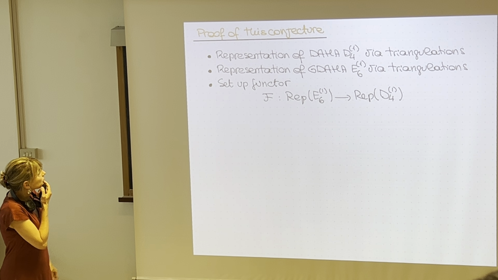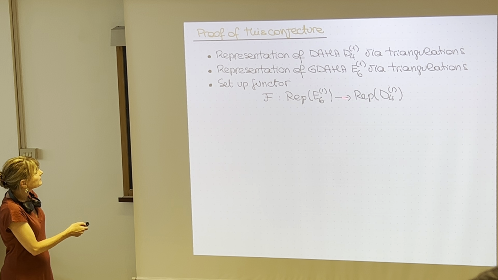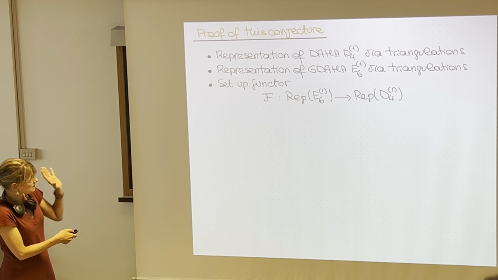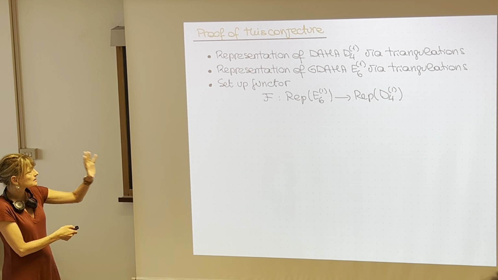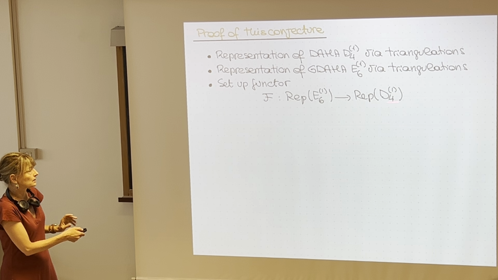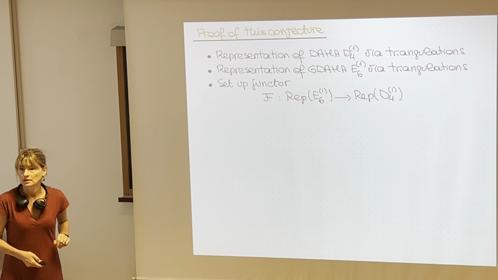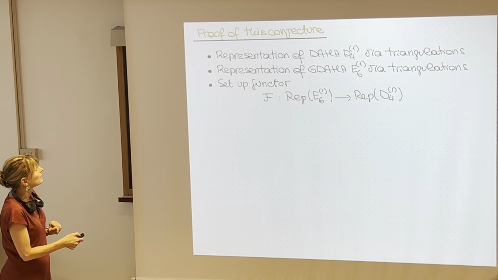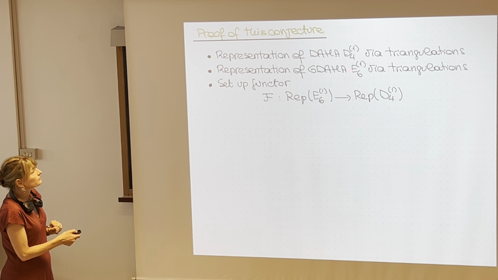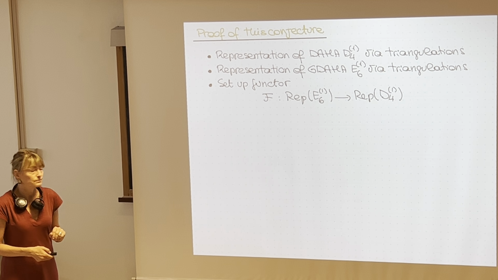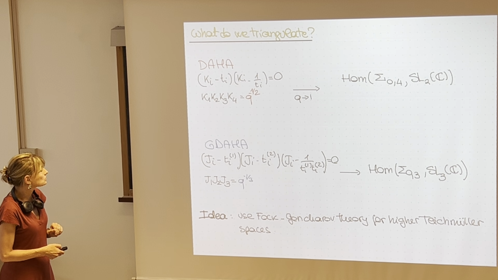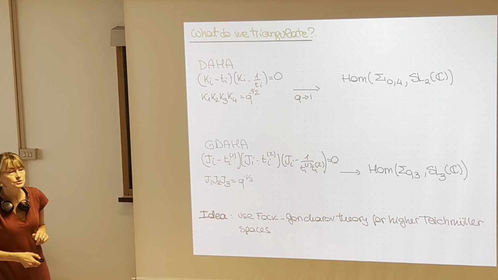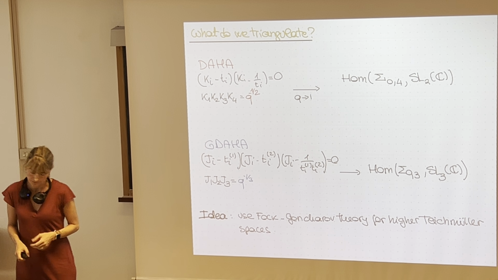Okay, so what I want to do is to create some reduction operator which maps this E6 kind of generalized double affine algebra to the D4 double affine algebra. To do this, I first need to do some representations. And to do the representations, what I'm going to do is to study triangulations.